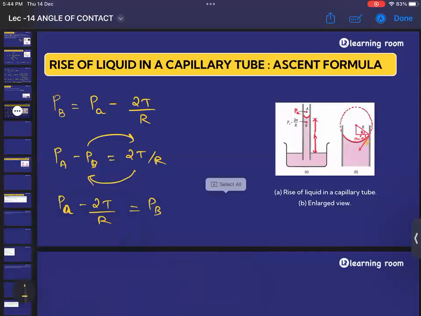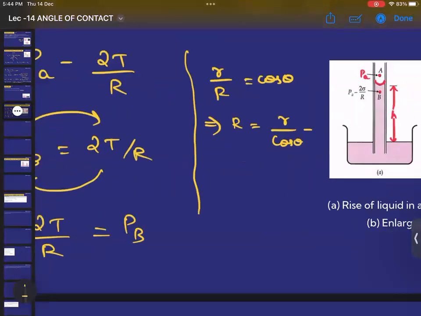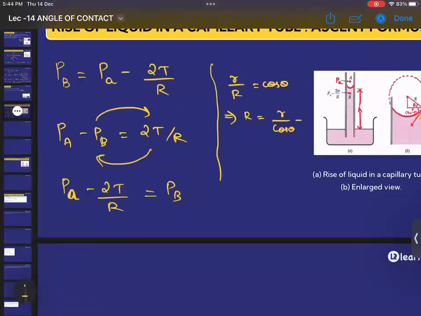Small r divided by capital R is equal to cos theta, which implies capital R is equal to r divided by cos theta. Let me call this 1 and this 2.